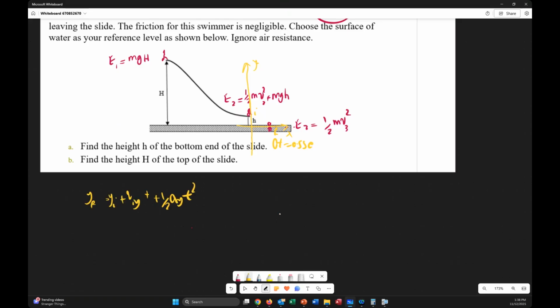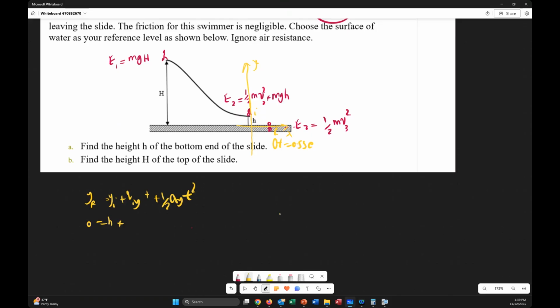What is yf? 0, on the water. What is yi? The height, H. Plus, what is the velocity in the y direction? 0 in the y direction.